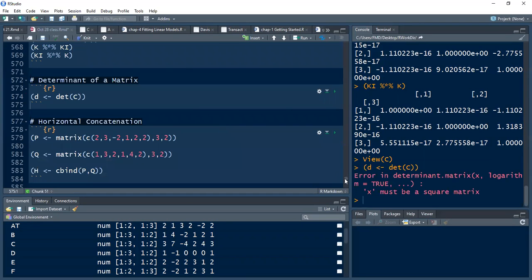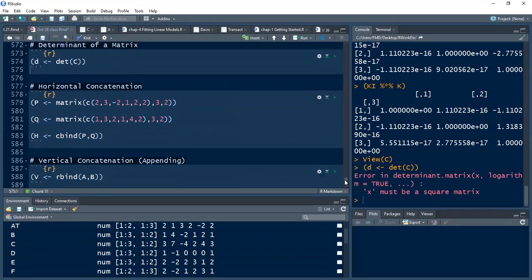All right, then, okay, how about concatenation? Let's define a matrix here, P. So this is our matrix P, and the size of matrix P is 3 by 2, 3 rows and 2 columns. And the way this was inputted as a matrix is 2, 3, negative 2 going down by column.